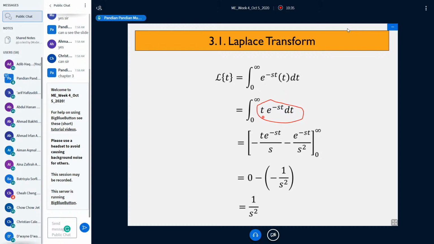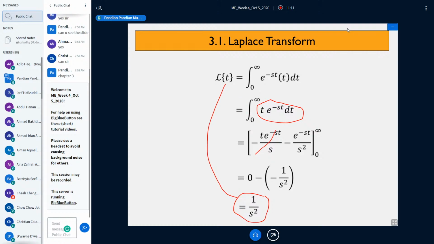Using the u dv formula, you will get minus t e^(-st) divided by s, minus e^(-st) over s squared, from 0 to infinity. Now you substitute 1 over e^(st). The upper limit will be 0, and if you substitute 0, you will get minus 1 over s squared. So the answer is 1 over s squared. This is the answer for Laplace of t.